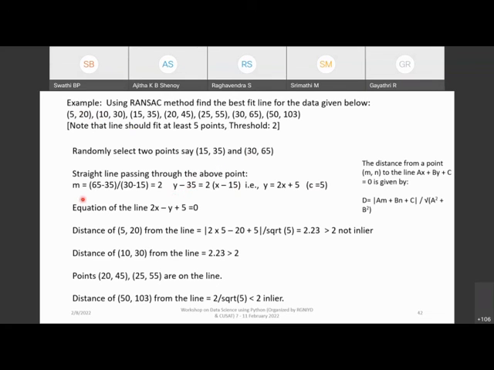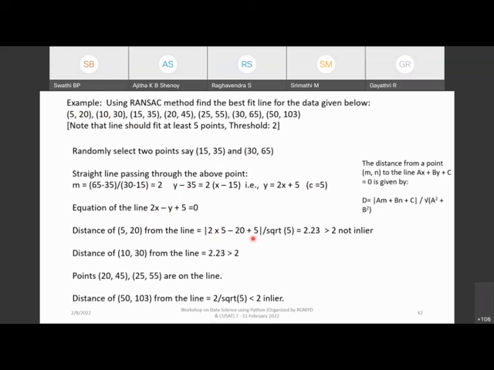Now I need to see how far the other points are from this particular line. So I will find the distance of (5, 20) from the line 2x minus y plus 5. How to do that? In x and y, I will put this 5 and 20. So I will get 2 into 5 is equal to 10, 10 minus 20 plus 5 is equal to minus 5.